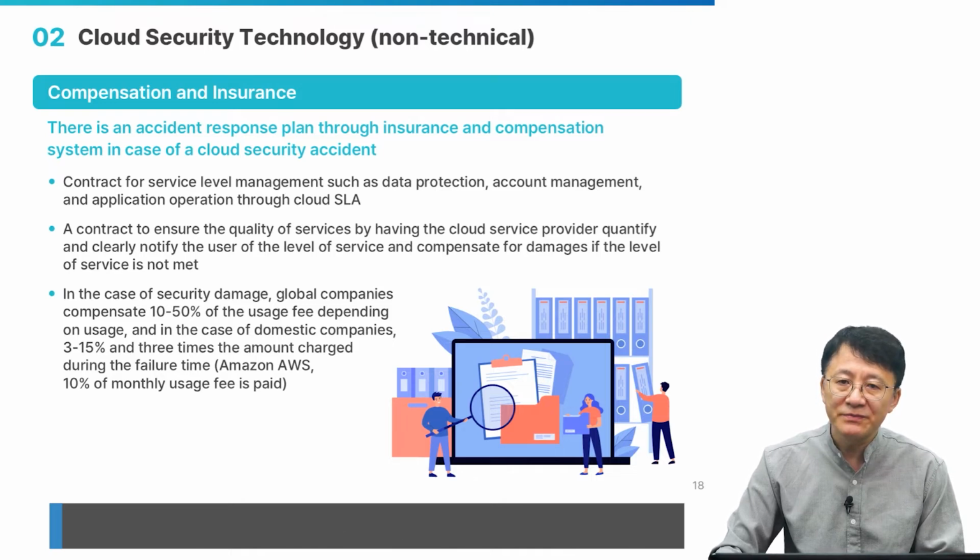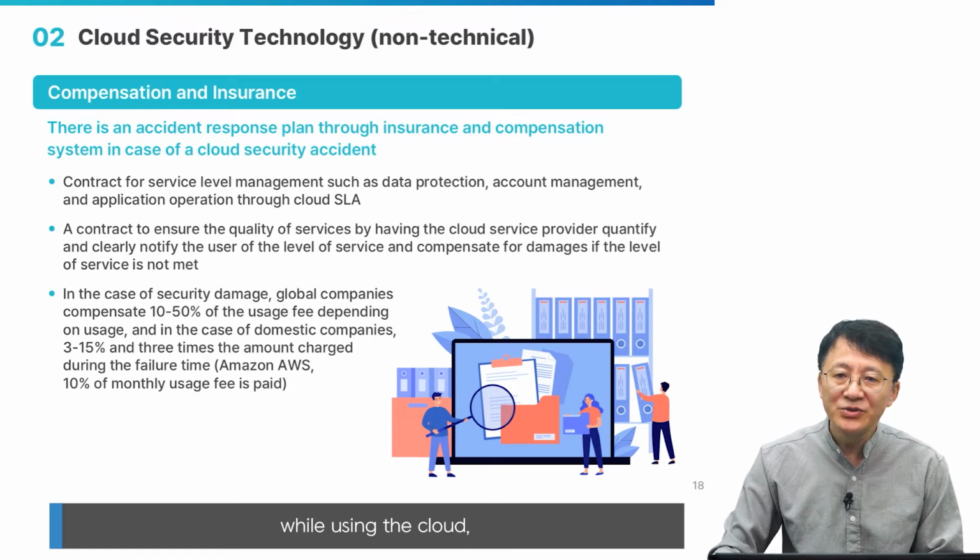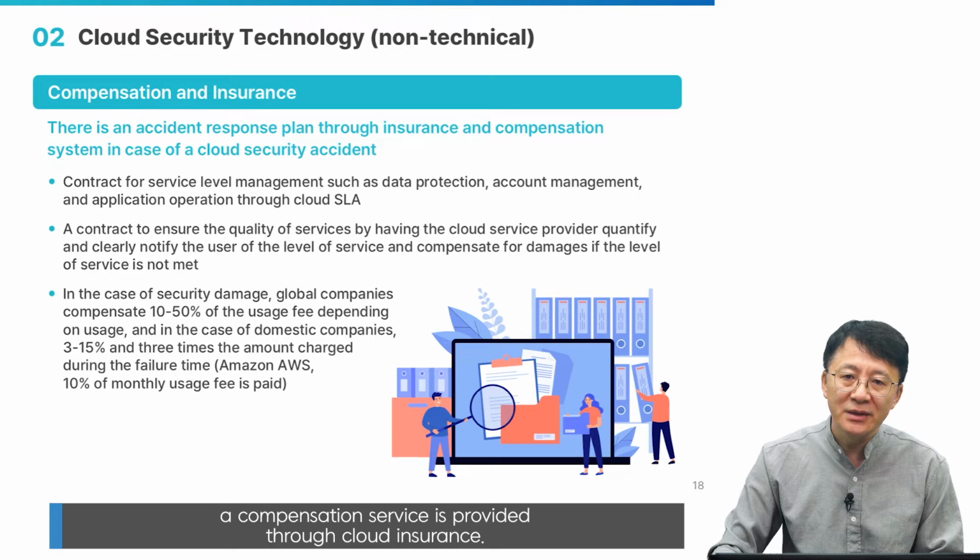For example, Amazon AWS pays about 10% of the monthly fee in compensation. When a cloud user experiences unexpected damage due to a system error, natural disasters, etc. while using the cloud, a compensation service is provided through cloud insurance.